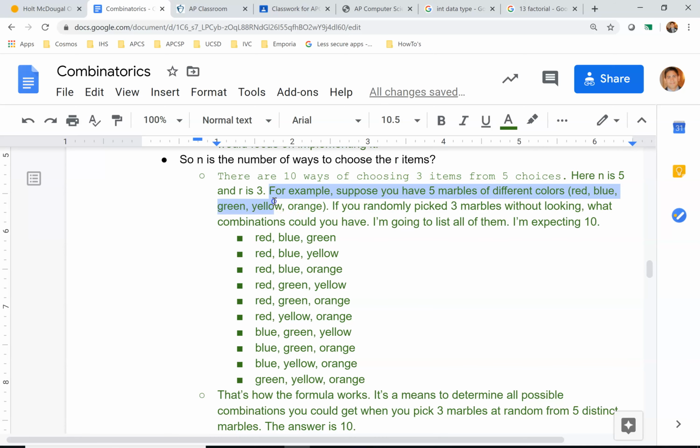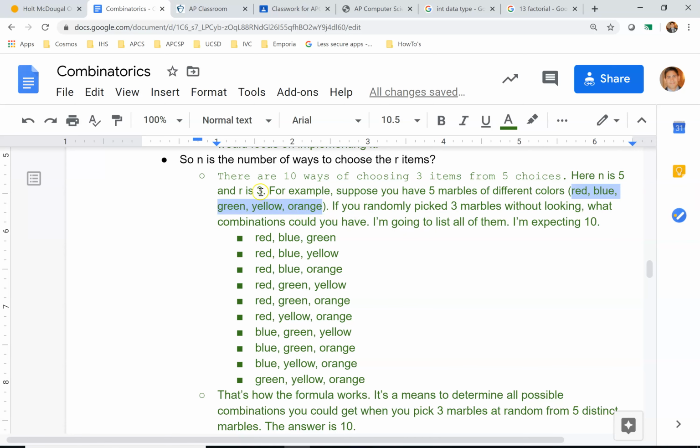Now, I try to provide some explanation here. The 5, n, is supposed to be the number of possible choices you have. So I said, okay, suppose you have 5 marbles, each being a different color: red, blue, green, yellow, and orange.